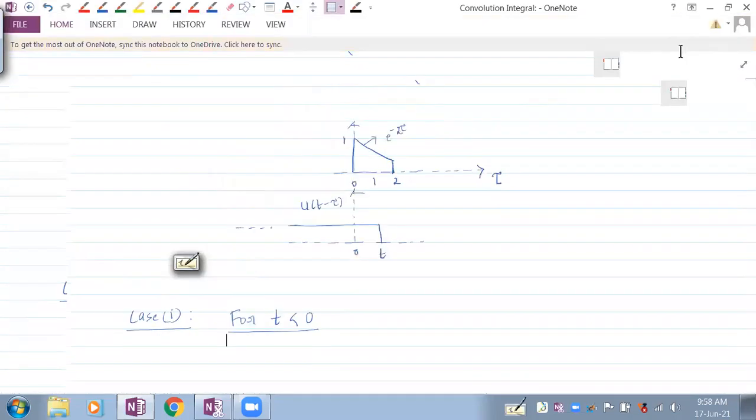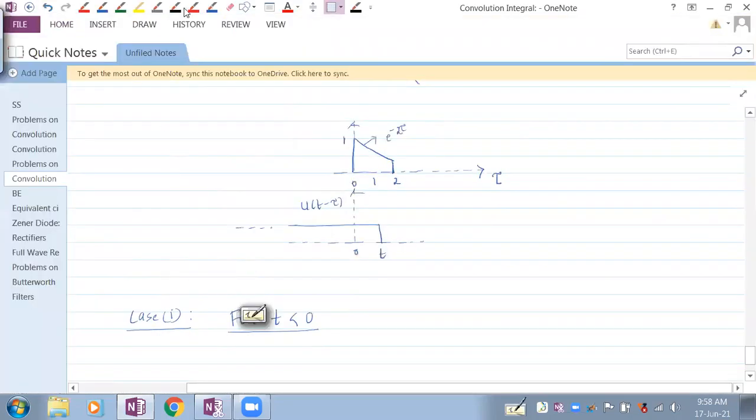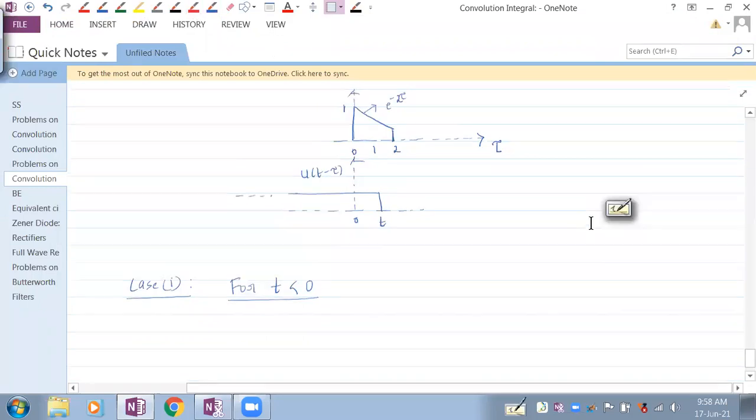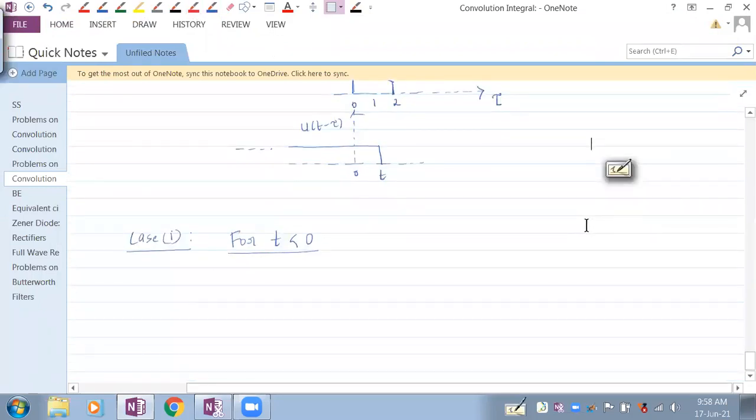It would be good for those who have confusions. The stationary signal I'll write in red, that is this, 0, 1, 2. This is the stationary signal, mind you. And this is the moving signal. This is t.